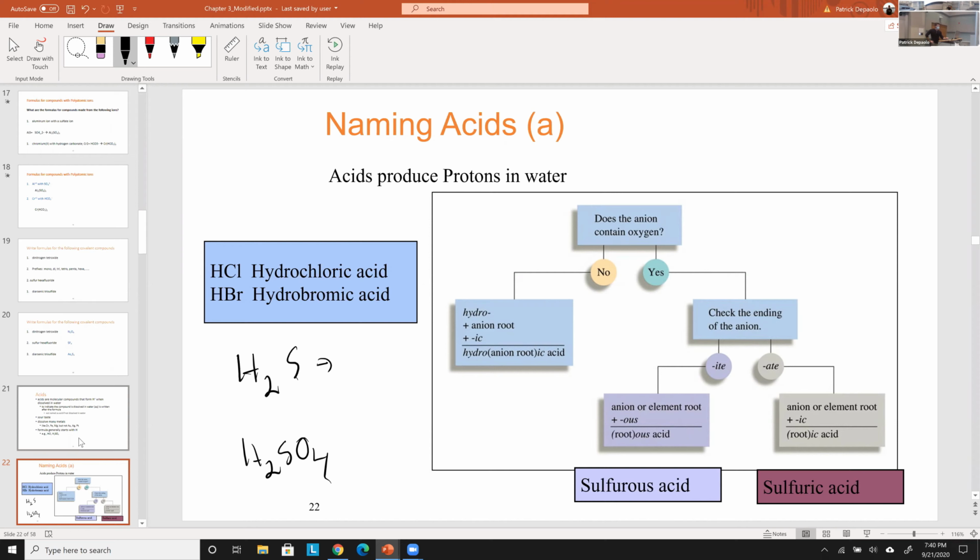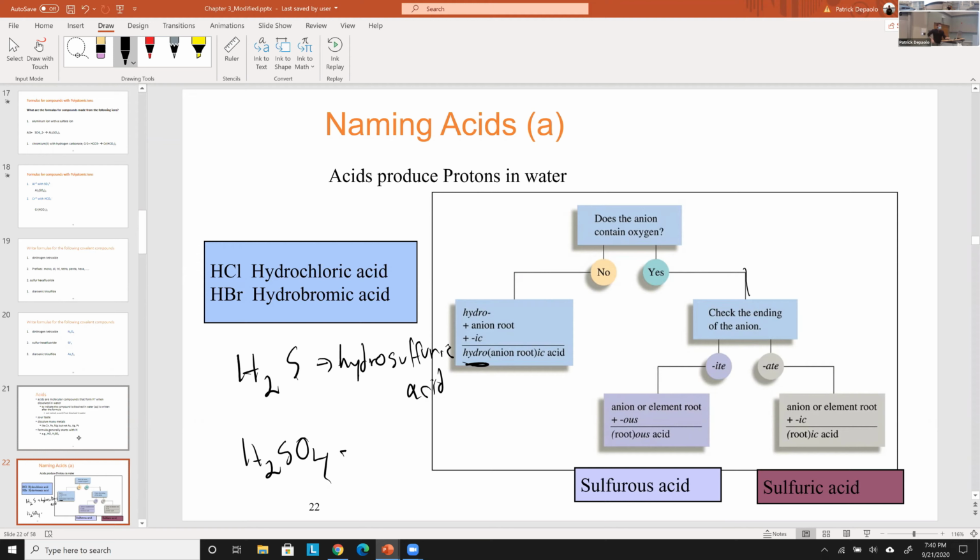So you have the hydro prefix, sulfur, and then you have the IC ending, so hydrosulfuric acid. Now for H2SO4, the anion does have oxygen, it's sulfate. If the anion has oxygen, we check the ending of the anion.